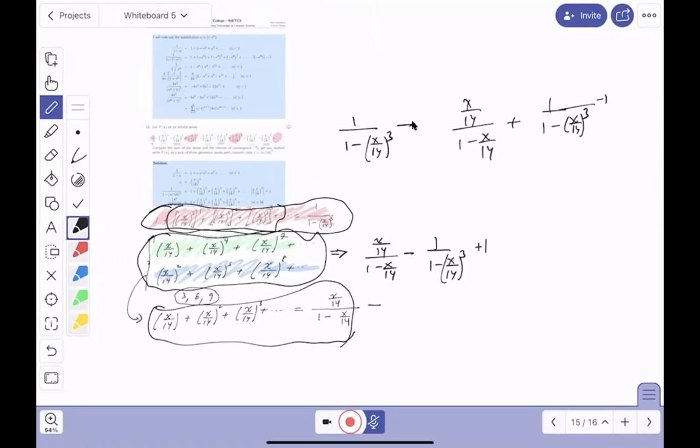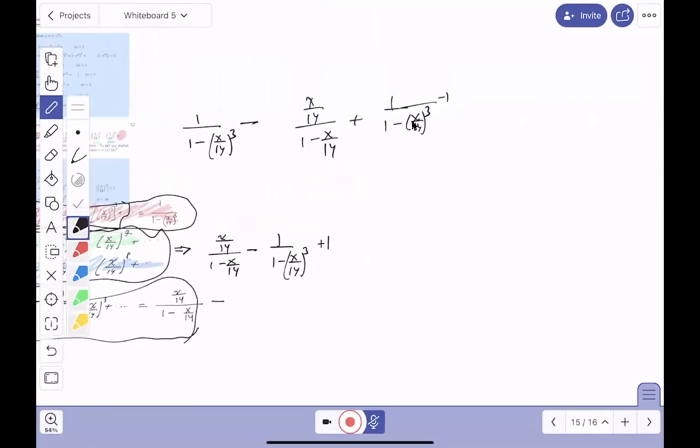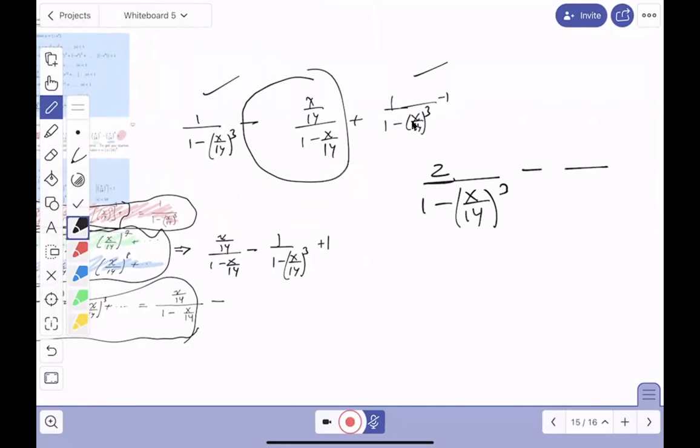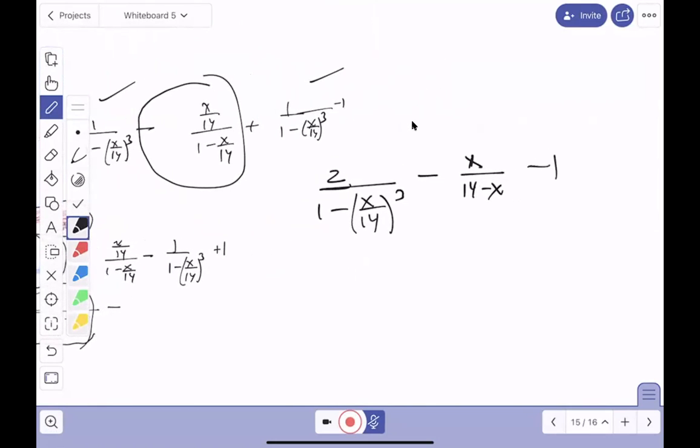Wow, this is going to be a lot of work here. Not that really. Let me see if we can put it down. So I can add these two together. 1 minus x over 14 cubed minus, I'm going to do this guy now. I'm going to multiply top by 14. So that's going to be x on top and 14 minus x on bottom. And then minus 1.